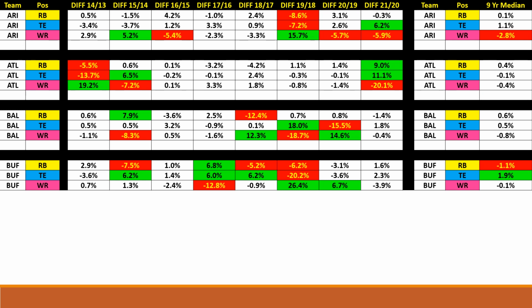On the other hand, in 9 years, notice the wide receivers have dropped by about 3%. So there's been a decline. There's been actually some really interesting extremes in Arizona. But in the last 2 years, things have not gone well for Murray.